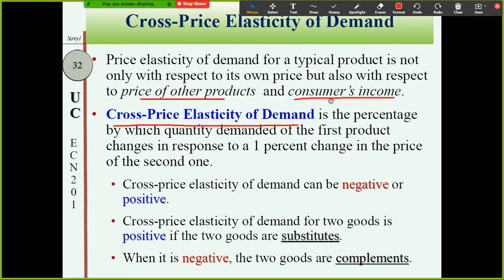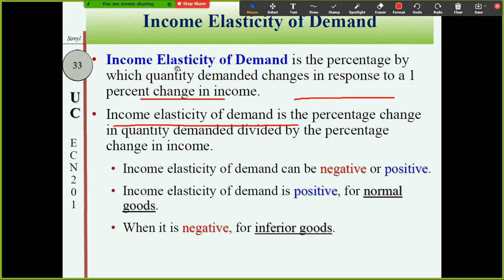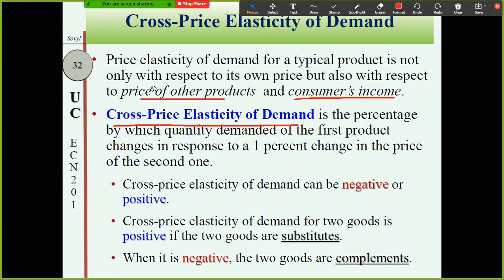If we're talking about buyer or consumer income, we refer to income elasticity of demand. Okay, this is the other point. So now we go to the price elasticity of demand for a typical product. It's not only with respect to its own price, but also the price of other products.